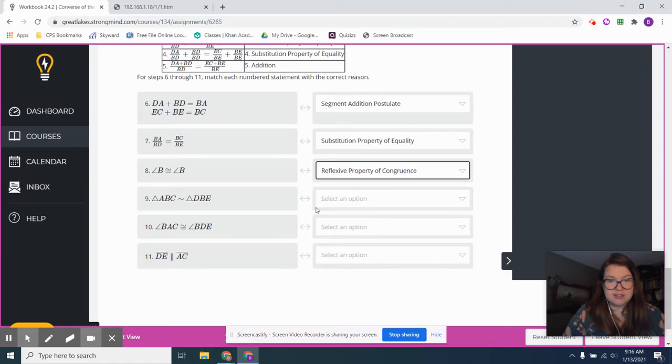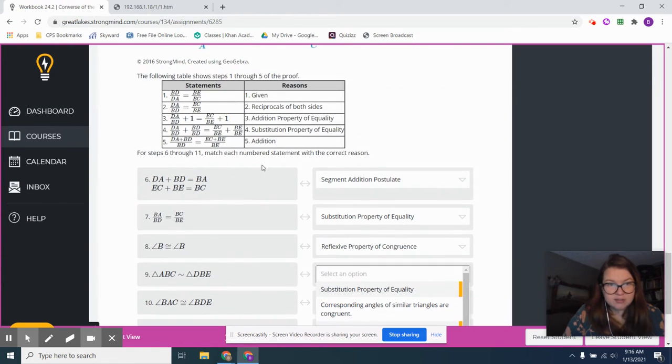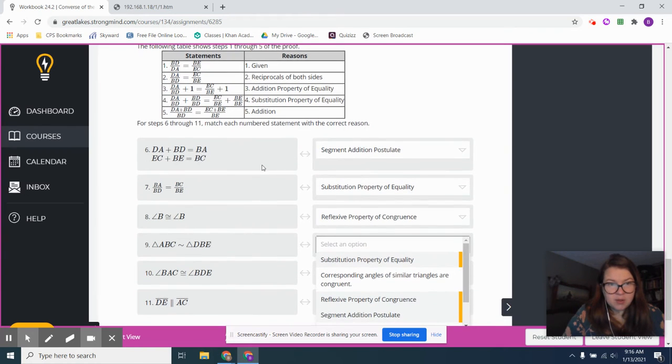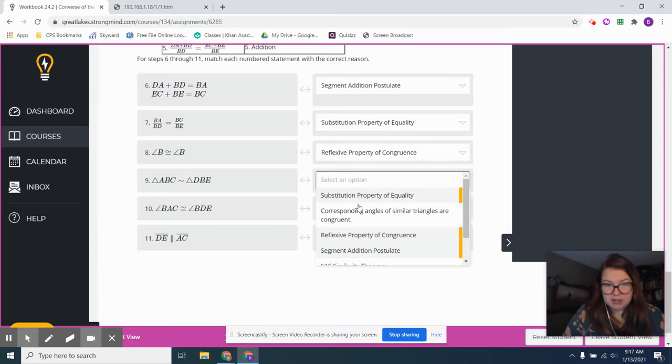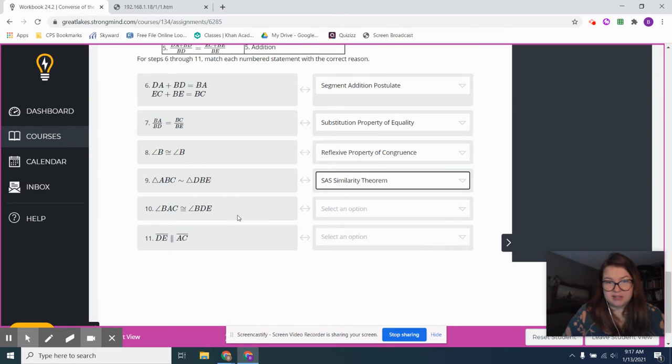Then the triangles are similar, and that would be a similarity statement. So there's only one similarity statement.